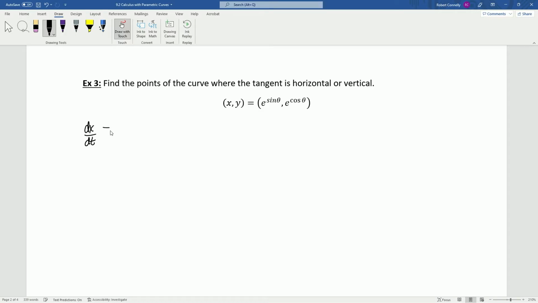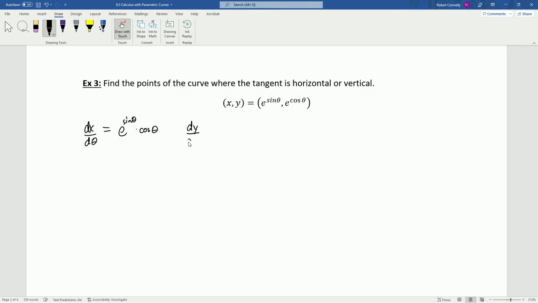dx dt is actually, I should say dx d theta. Our parameter here is theta. We've got e to the sine of theta for x. So when we take the derivative, we need to apply the chain rule here. So we get e to the sine of theta times cosine of theta, which is the derivative of sine.